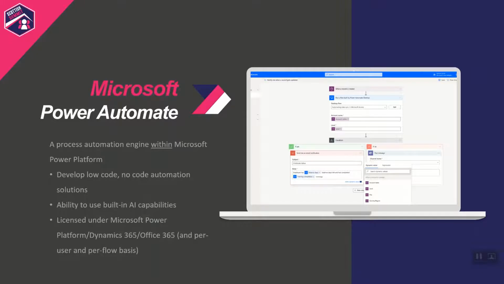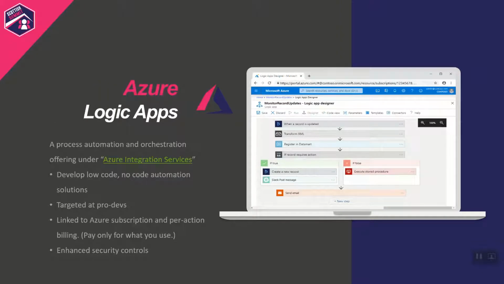Now, if you look at Azure Logic Apps, it's very similar to Power Automate. We usually call Azure Logic Apps the elder brother of Power Automate. It's a process automation and orchestration offering under Azure Integration Services. It's also there to develop low-code and no-code automation solutions. But a little bit different to Power Automate, this is mostly targeted at pro devs. And the licensing model is also different, where Logic Apps is linked to an Azure subscription and it's per action billing.